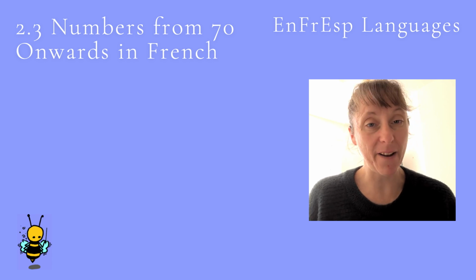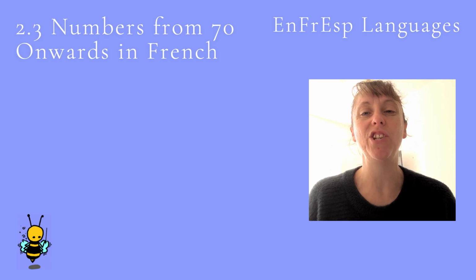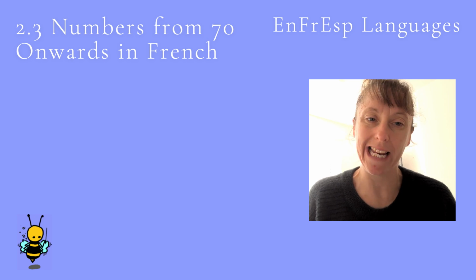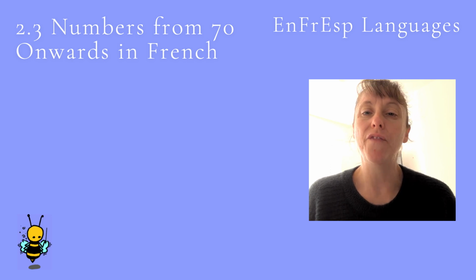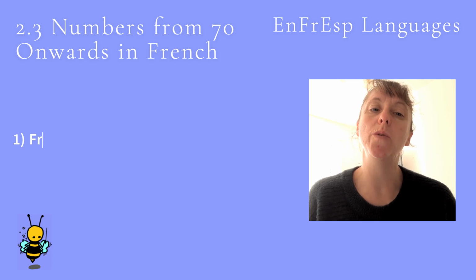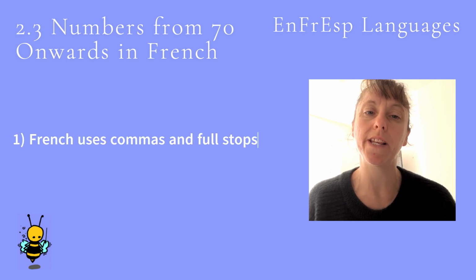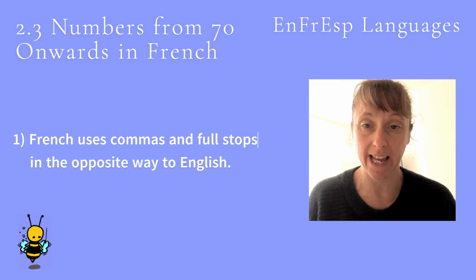We've covered big numbers here, so now we'll finish by looking at some technical points around numbers. The first thing is that when it comes to numbers, French use commas and full stops the opposite way to English.